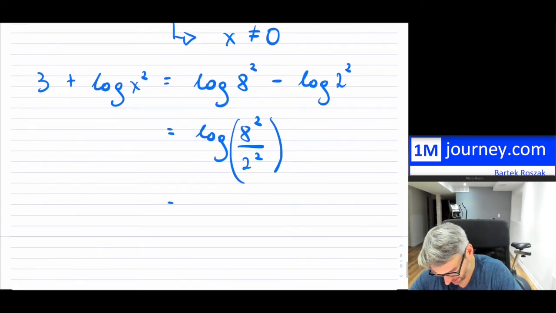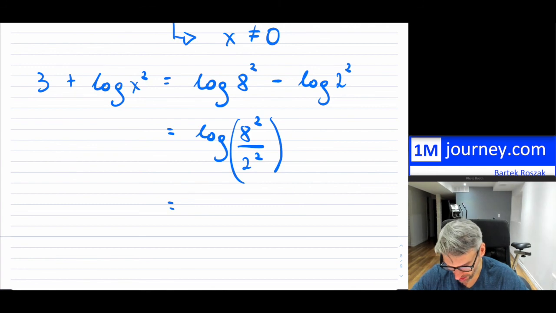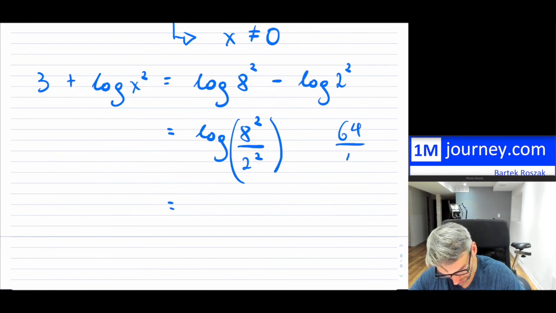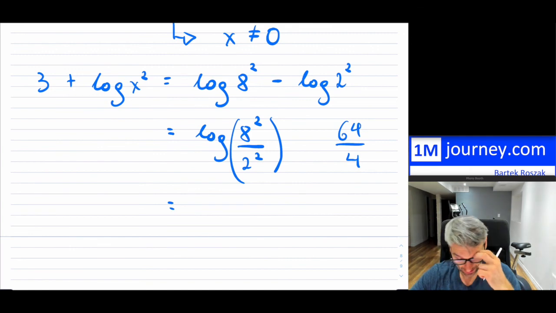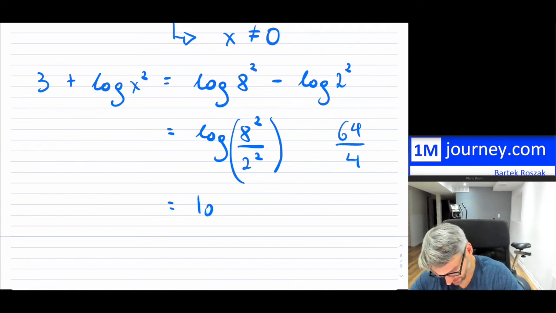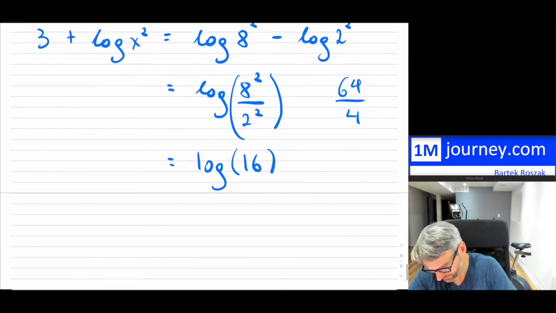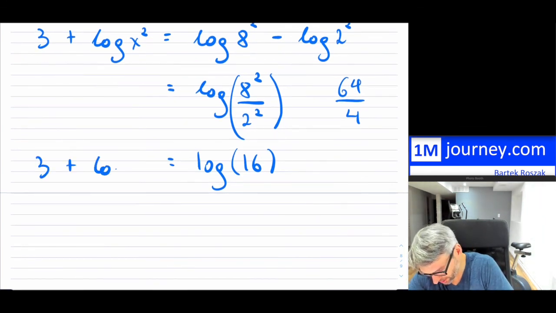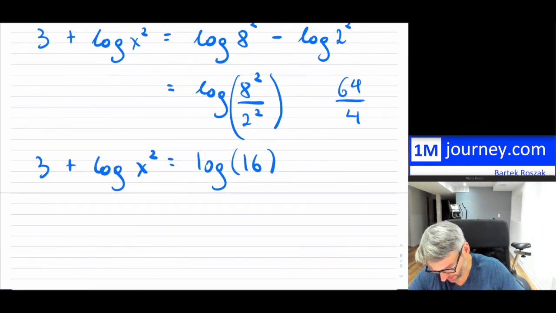Well, this is just going to be a number. Regardless, we could have evaluated this anyways. This is 64 over 4, and we can simplify this because 4 goes into 64, 16 times. So this is really just log of 16 on the right-hand side. 3 plus log x squared.